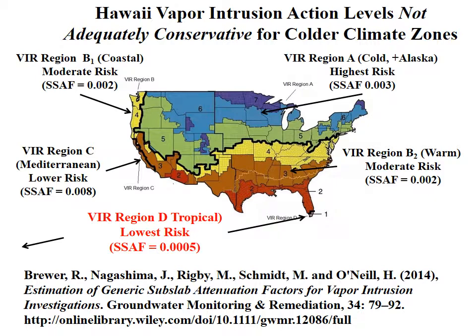So it's not that far apart, but in general there's about a 6-fold factor of greater risk for vapor intrusion in colder parts of the U.S. than in tropical areas. And in the areas in between, the factor is a little bit smaller, but still significant. So the main point there: don't use our action levels for vapor intrusion in cold areas. They need to be adjusted.